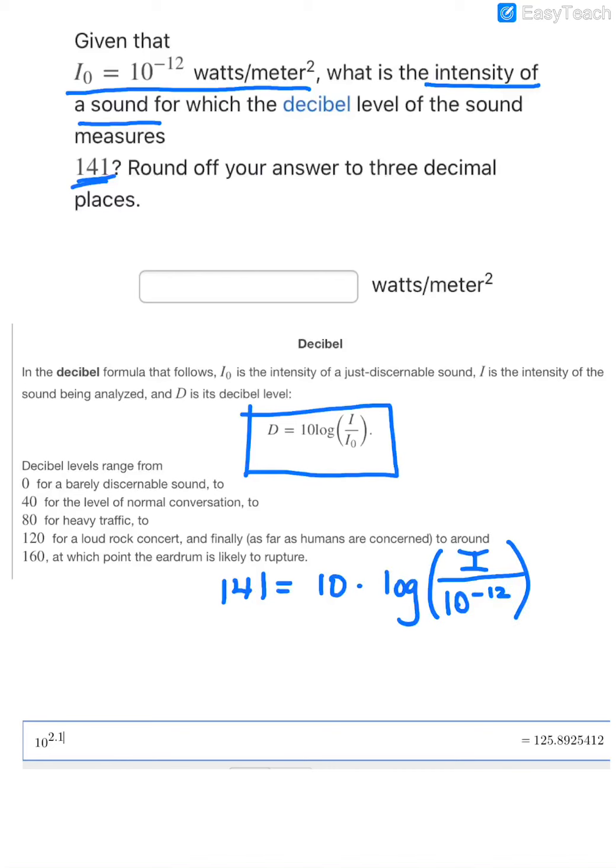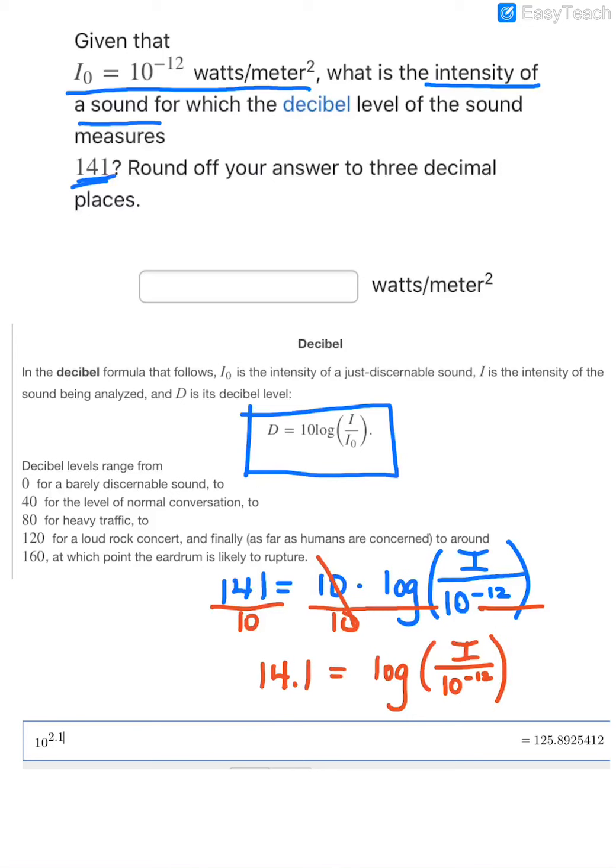So I'm going to have to solve this equation so that I can try to find I. And the first thing I would do is divide both sides by 10 to get that to cancel. So I'd be left with 14.1 is equal to the log of I divided by 10 to the negative 12.